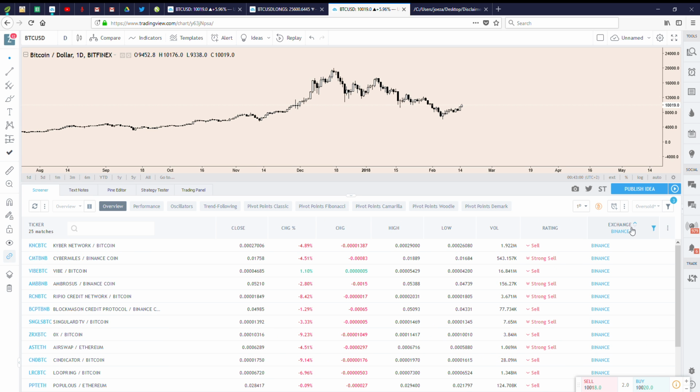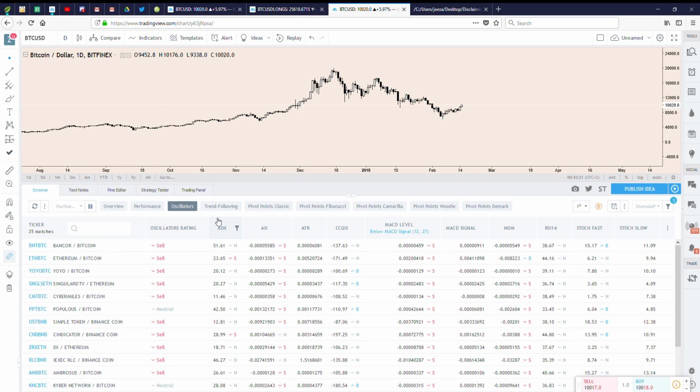So let's keep it Binance, but you can filter through them. So there's Binance and all the major crypto exchanges. Right, so let's keep it on Binance for now. And let's make sure that we have it on the oscillators.